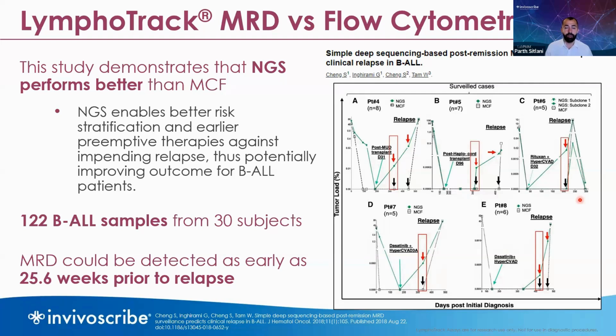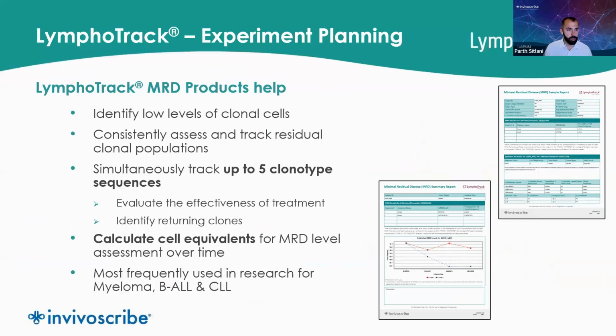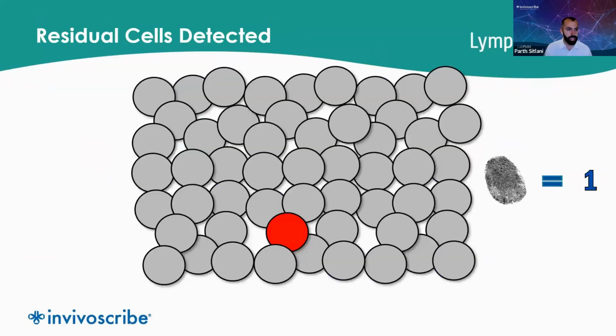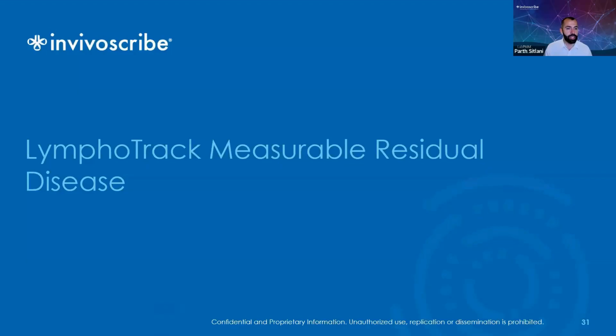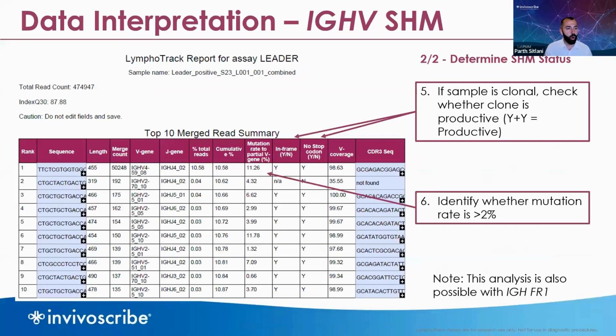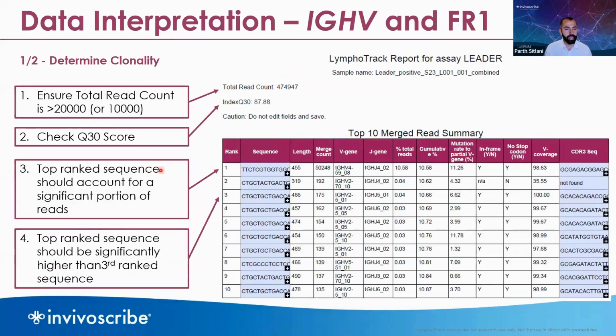prevalent samples. Remember that for interpretation of clonality, I can actually go back a few slides. Sorry, we'll go back quite a few slides, but remember that for the detection of clonality, one of the criteria is that the rearrangement sequence should be high, but the second criterion is that it should be higher than rank 3.